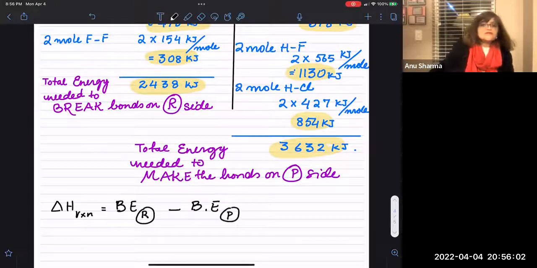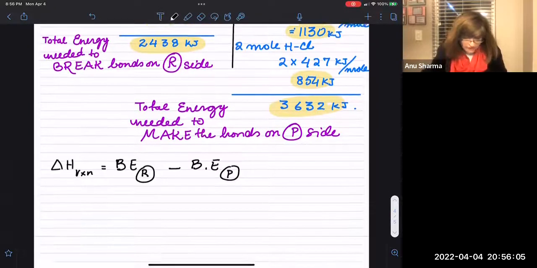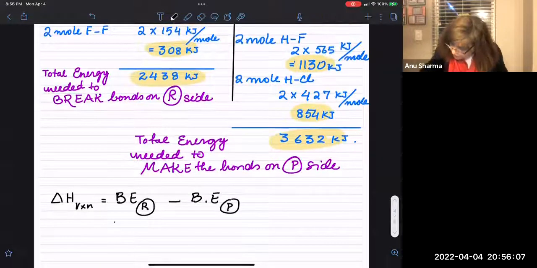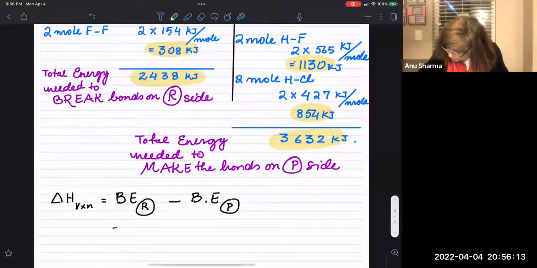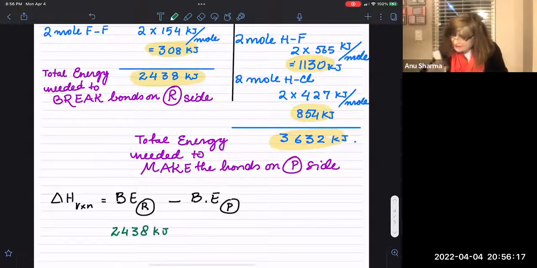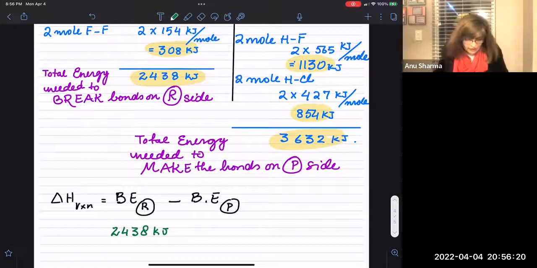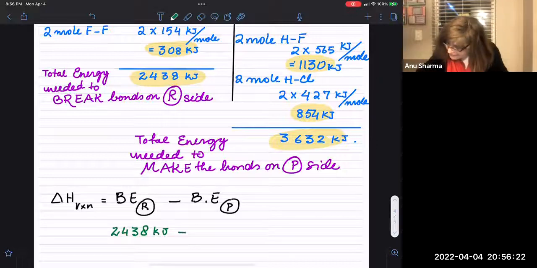These are the right formulas. We now have 2438 kilojoules, the energy we calculated from the top, minus 3632 kilojoules.